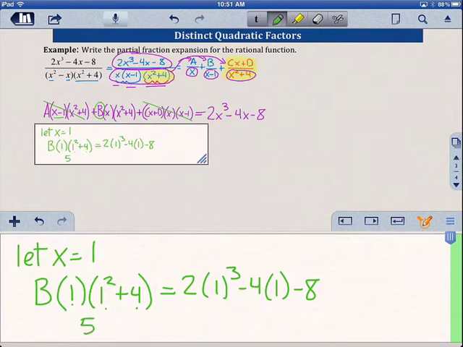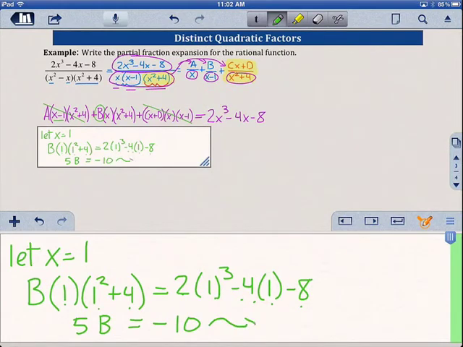So we have 5b equals, well, this is 2 times 1, which is 2, and then minus 4 minus 8, which is negative 10. So 5b equals negative 10. And so this gives us b equals negative 2.